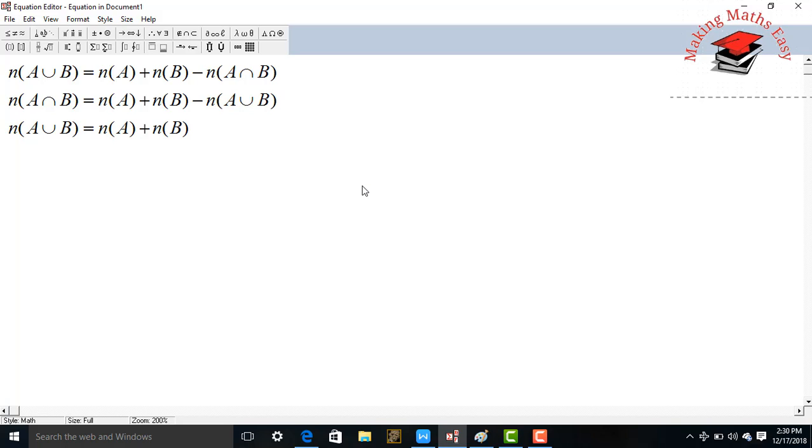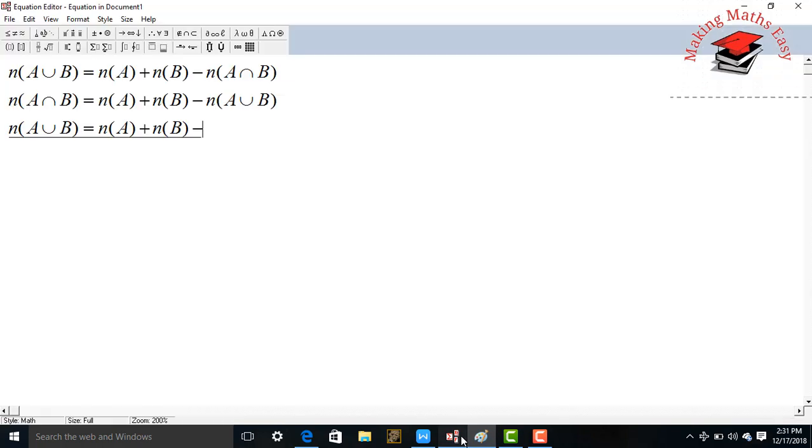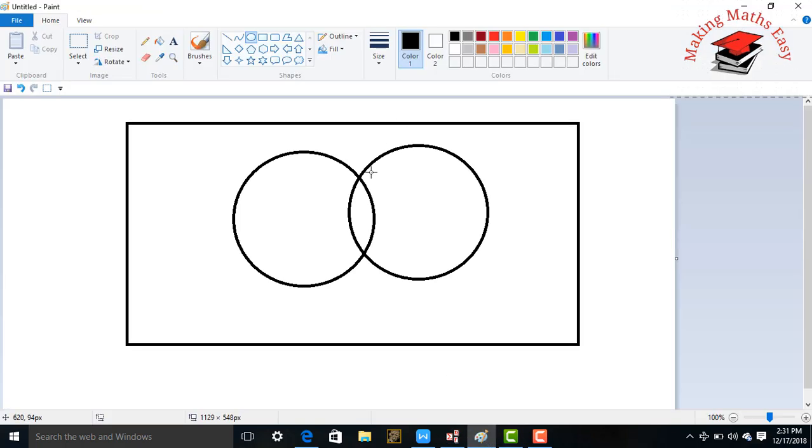In order to represent this, we will write down n of A intersection B. As we all know, this is the small section.